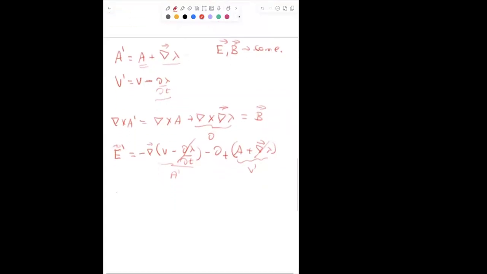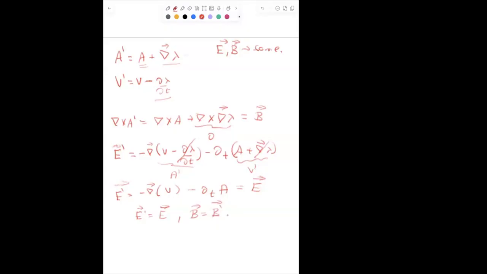That means E prime is equal to minus grad V minus d dt A, but that is by definition the field in the original gauge, the real physical field. So E prime and B prime are equal to the true physical fields. I think this is clear because it's also similar to what we had before.